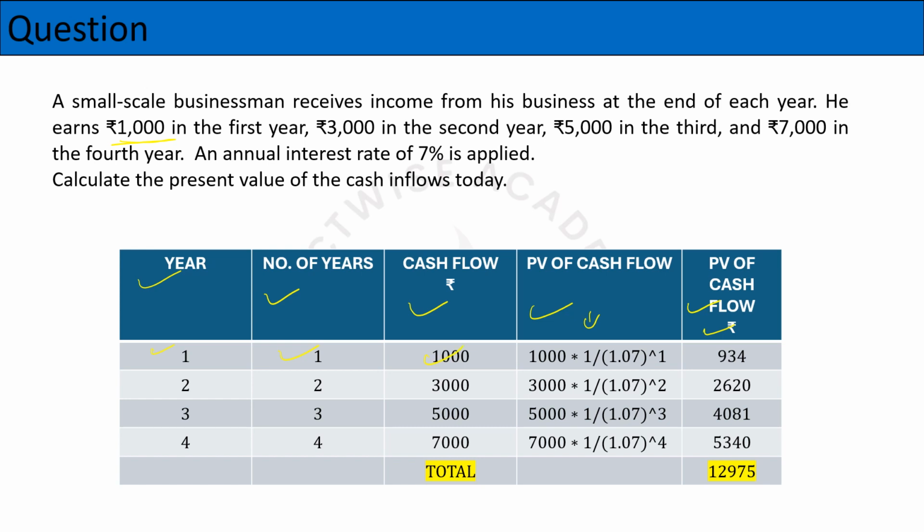So apply the formula. PV is equal to FV divided by 1 plus R the whole power n. FV is 1000 rupees, and R is 7%, R is equal to 0.07, so 1 plus R is 1.07.